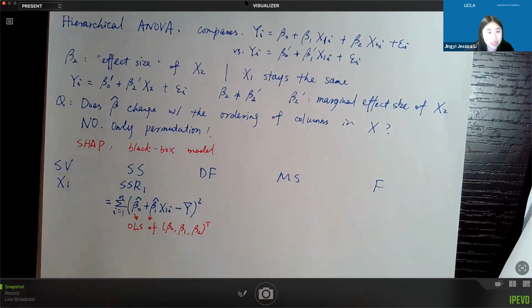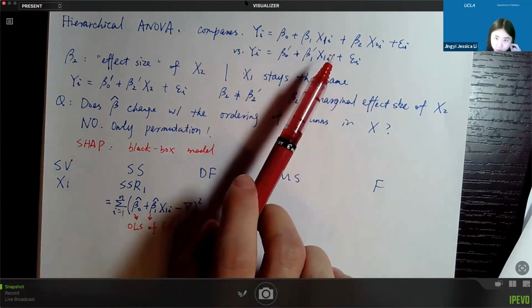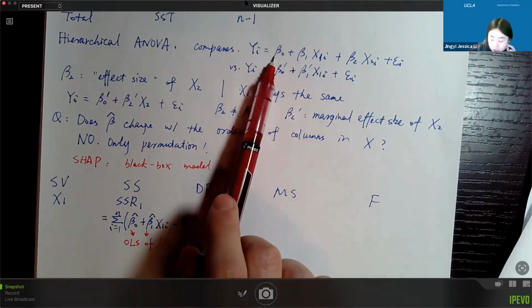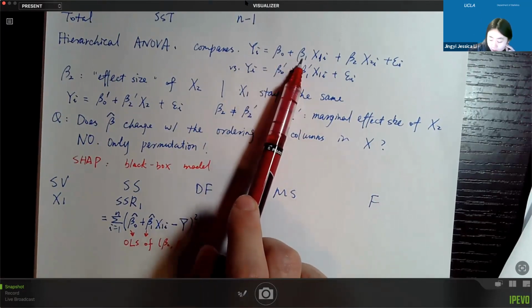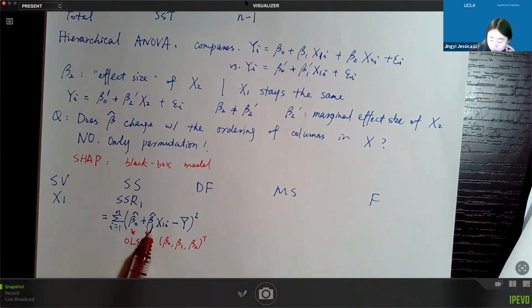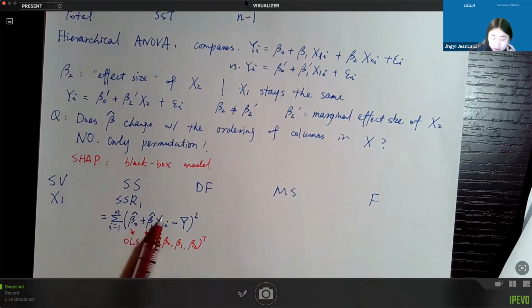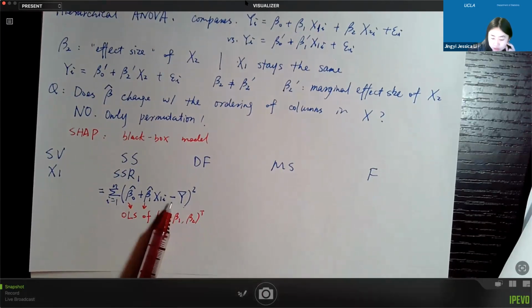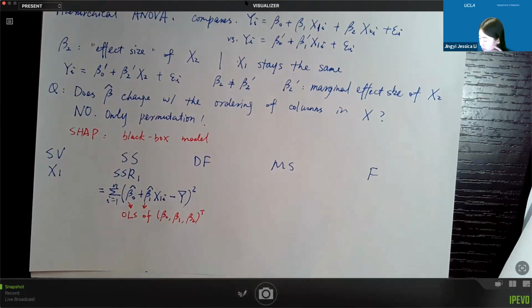So still in this hierarchical ANOVA, you only fit the bigger model once. And then you take the OLS coefficient for intercept and for coefficient 1 as beta 0 hat and beta 1 hat. And you construct the fitted value as it is, and then you do the sum of squares over the mean. That's the first term.